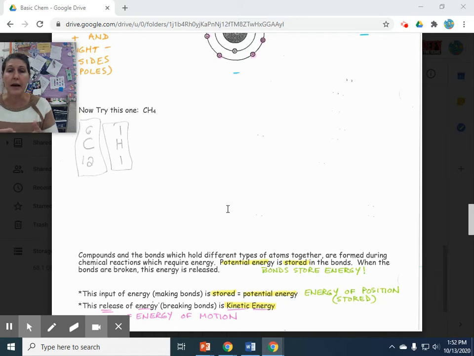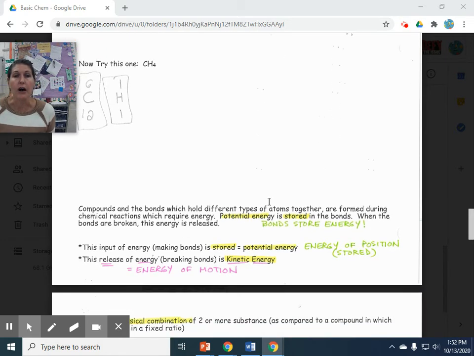As they're doing that, we are creating bonds, and there's potential energy stored in those bonds. So when that plant gets eaten, or begins to break down some of its food for cell respiration, and we break those bonds, then we are getting that kinetic energy, that energy of motion. So when you create a bond, you're storing energy. When you break a bond, you are releasing that energy.